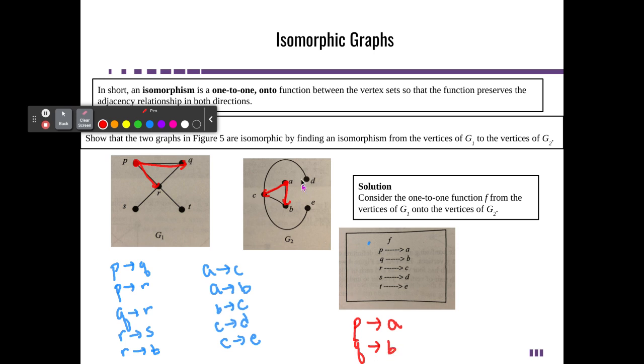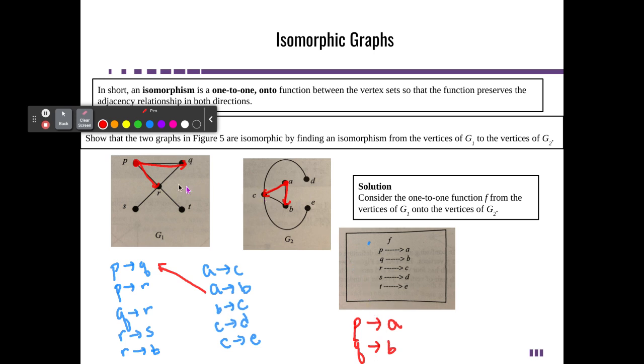And that's because P goes to Q and A goes to B, so Q goes to B in this particular situation.